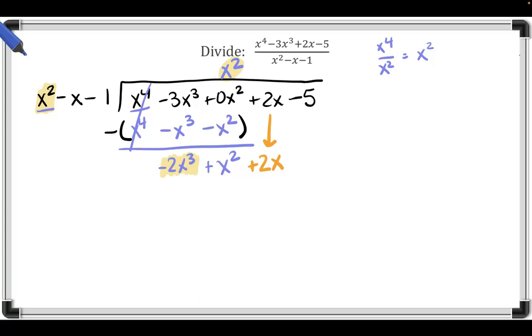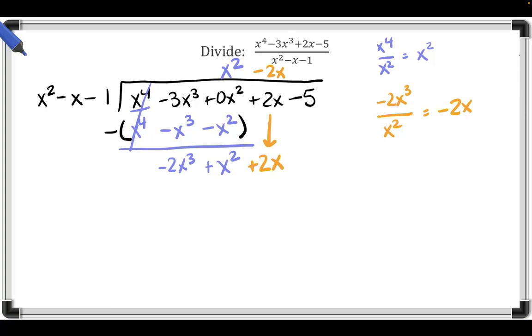So I've got negative 2x to the third divided by x squared, which is going to get me a negative 2x. I'm going to put that right at the top.